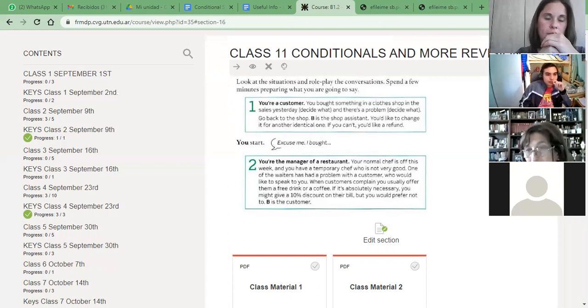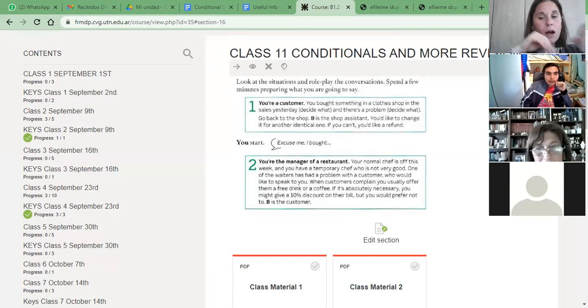Yes, black jeans or light blue. Okay. It's the same model, but a different color. And the same price as well? Yes, yes. Okay. I would like to buy some light blue jeans, please.